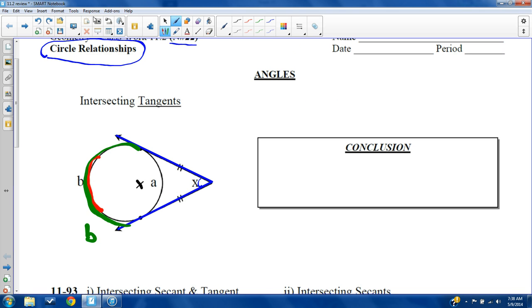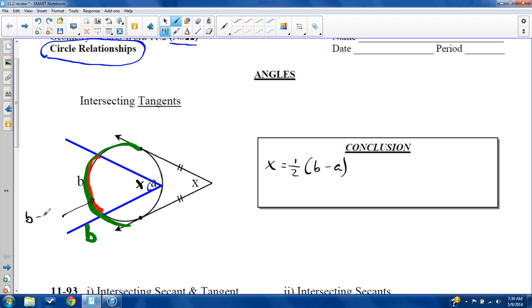So when I pull this angle back, the amount of intercepted arc that I gain in the green that's not red is the same as A. So this entire B is that part plus A. Or better yet, this part is B minus A. So this intercepted arc, the red, is B minus A. X equals half the measure of that, because X is an inscribed angle, and an inscribed angle is half the measure of its intercepted arc. So X would be half of B minus A.